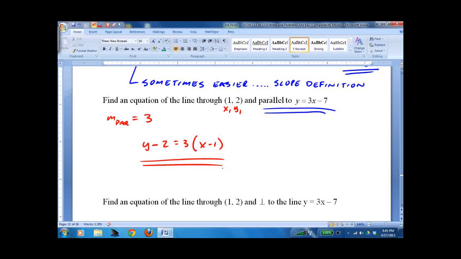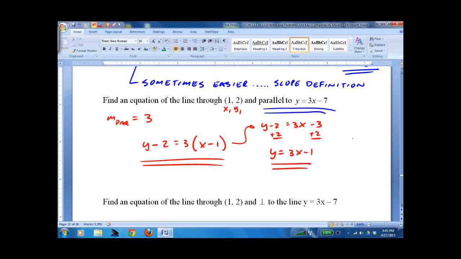That's done. And you can change it into slope-intercept if you want, but I mean that's done. And if you want to keep going, okay. y minus 2 equals 3x minus 3, and then plus 2 and plus 2. y equals 3x minus 1.